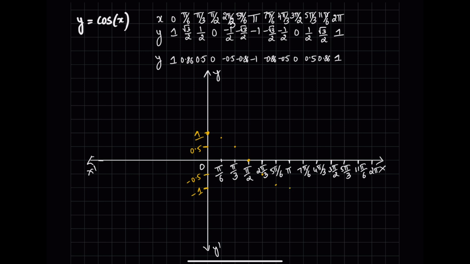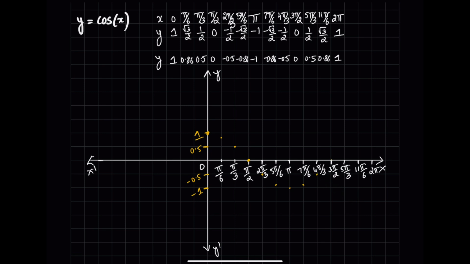Now cos of 7 pi by 6, which is 210 degrees, is minus 0.86, so we mark it somewhere here. And cos of 4 times 60, 240, is here, minus 0.5.